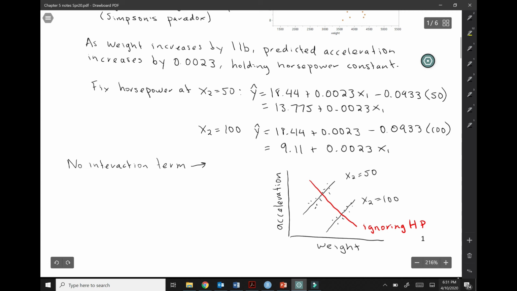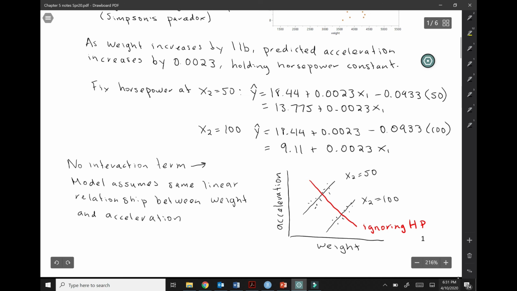So what that means is that this model actually assumes that we have the same linear relationship between weight and acceleration. So that's what we're looking at with the slope, the relationship between weight and acceleration.